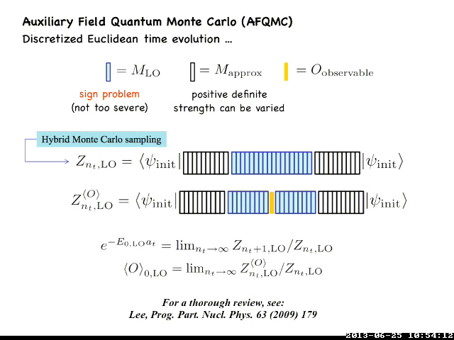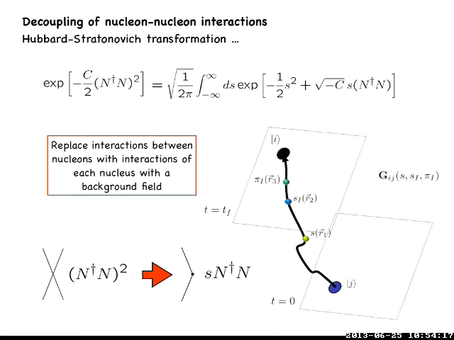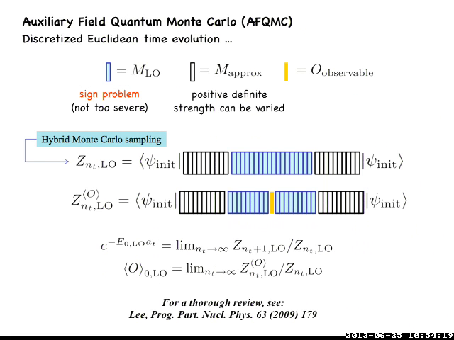Now that we have introduced this auxiliary field, first we do a number of time steps which only have this one. These two terms are absent in this approach, right?